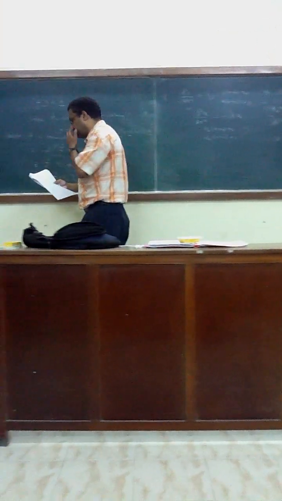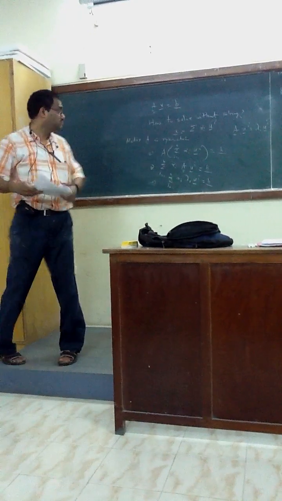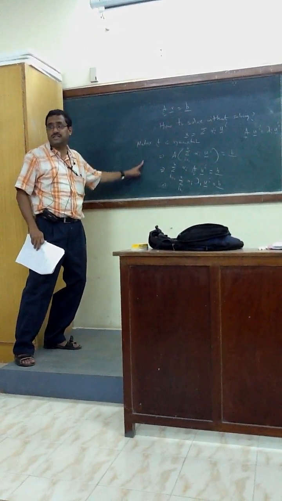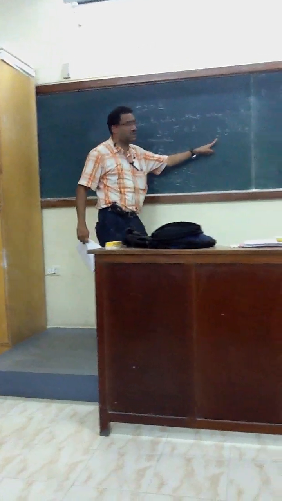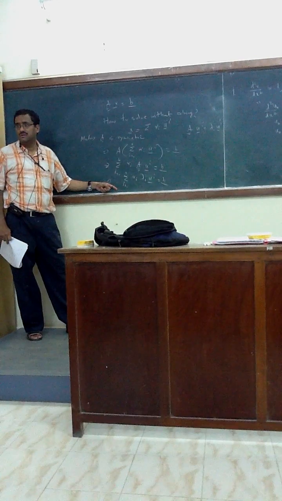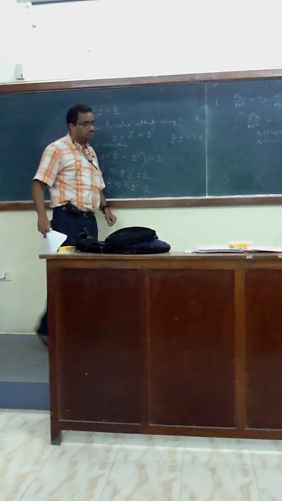How to get the solution? This step you will do now. How to get the solution is this step. We have done this up to this. Exactly, I am following the same step. What's the next step then?